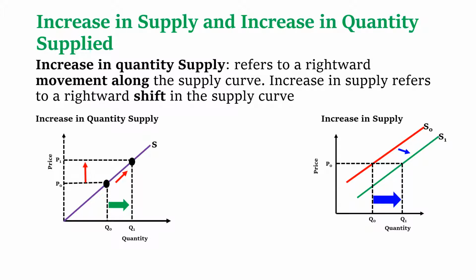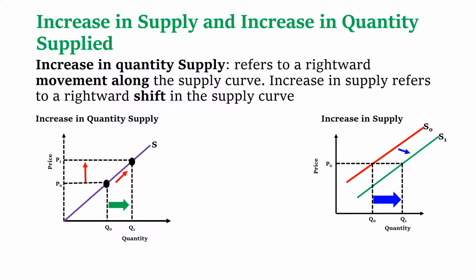Increase in supply refers to what? A change in supply. It refers to a shift in the supply curve. So when supply increases, the supply curve is going to shift to the right. When supply falls, it is going to shift to the left, right? So take, for example, taxation. The government decides to tax the good. What do you expect? The supply is going to fall, so it will shift to the left.